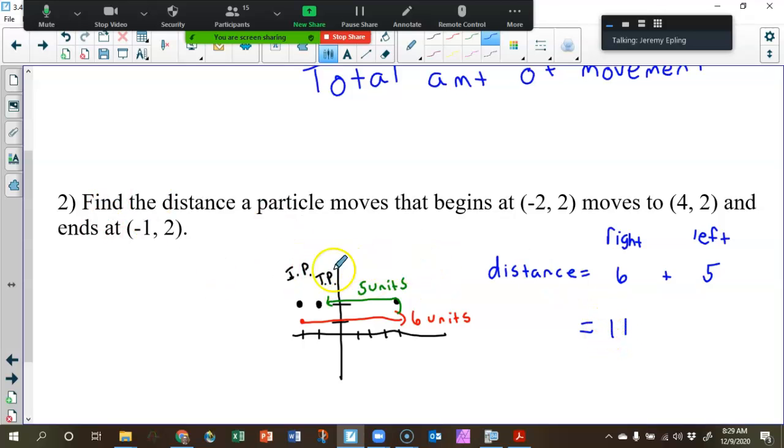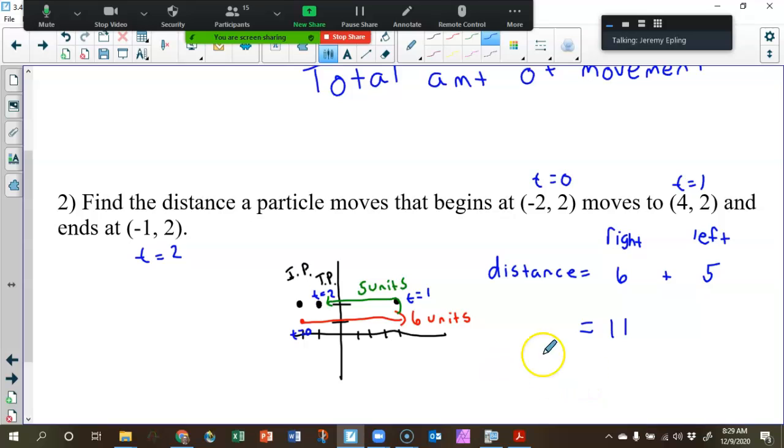Now, again, I could have done this as a subtraction problem. If we say here that we begin when time is 0, let's say it takes us 1 second to get out here to 4, and at 2 seconds, we stop here. So here's our position when t equals 0, our position when t equals 1, and our position when t equals 2.